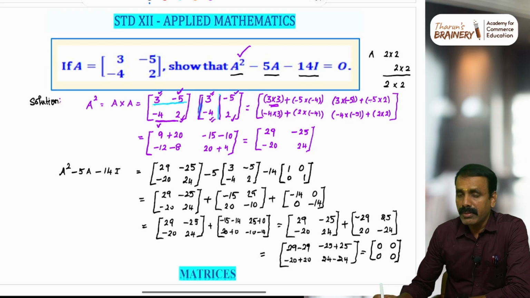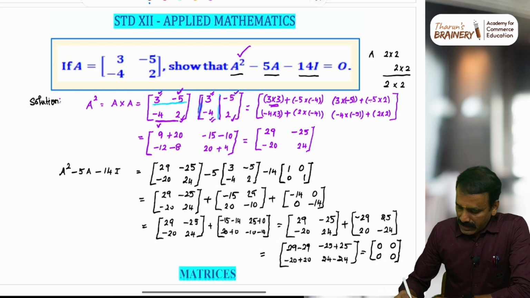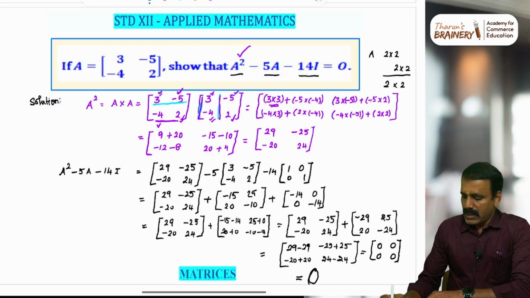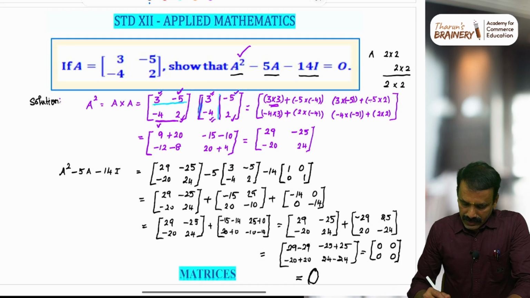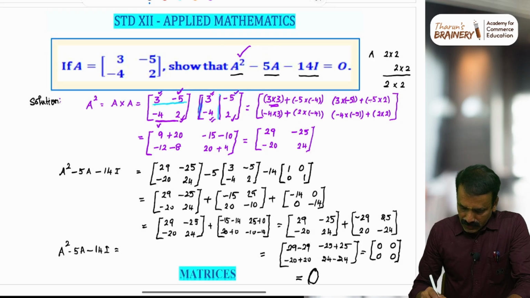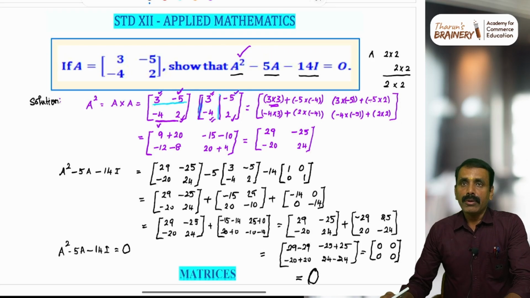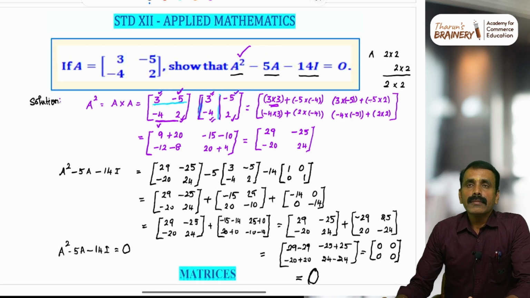All the elements are going to be 0. So this is nothing but your null matrix. So we have to write big O. So what have we proved here? We proved here A square minus 5A minus 14I equal to big O, the zero matrix. Okay.